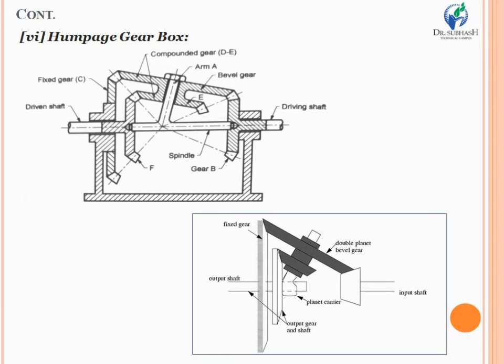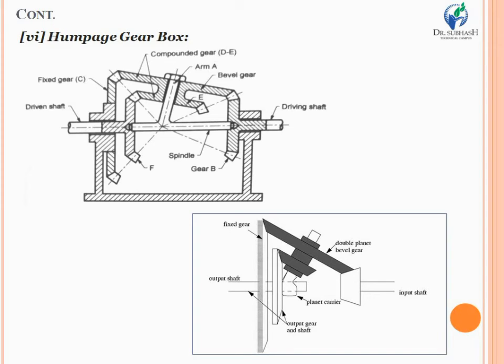Look at the screen and you can easily understand why it is given this name, because in the Humpage gearbox we are using a pair of bevel gears, and the mechanism for motion and power transmission in the Humpage gearbox is basically an epicyclic gear train. So that's why the Humpage gearbox is also known as an epicyclic gear train with bevel gears.